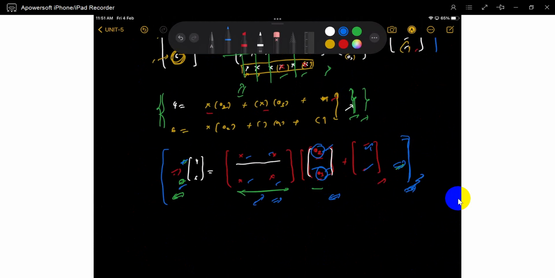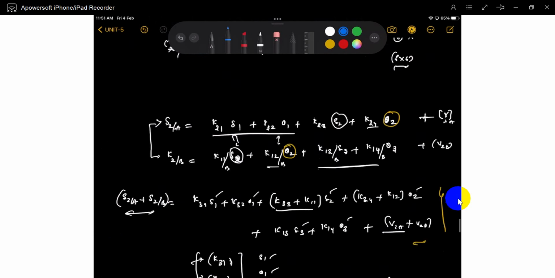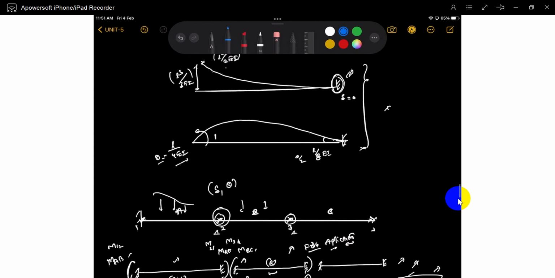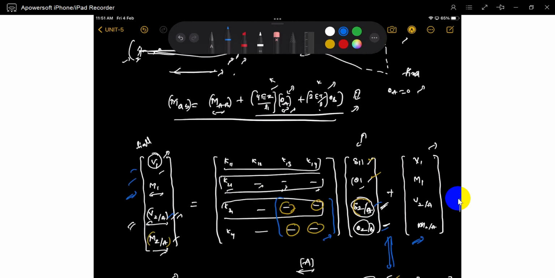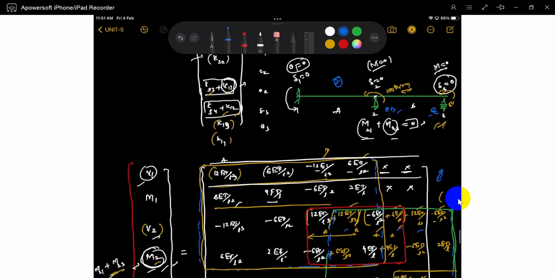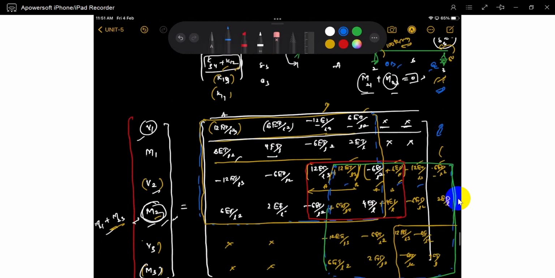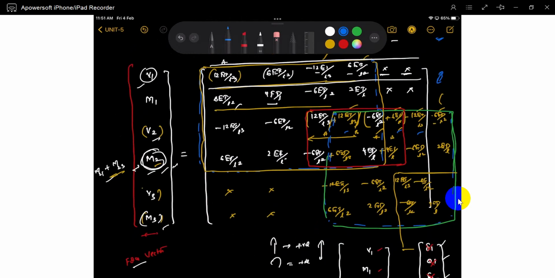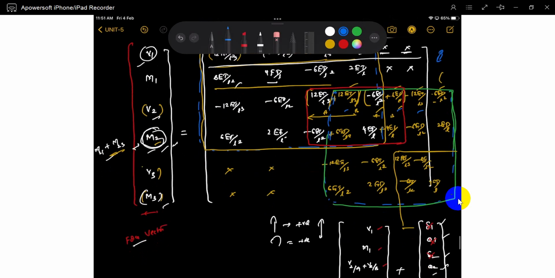So when we take any problem, up to 3 degrees of freedom only we can solve by hand. We will show you in the classroom. But see the assembly of the matrix: if you take any huge structure, the degrees of kinematic indeterminacy, we already solved, 30 or 35 in the first unit. So 35 equations, the matrix is 35 by 35.